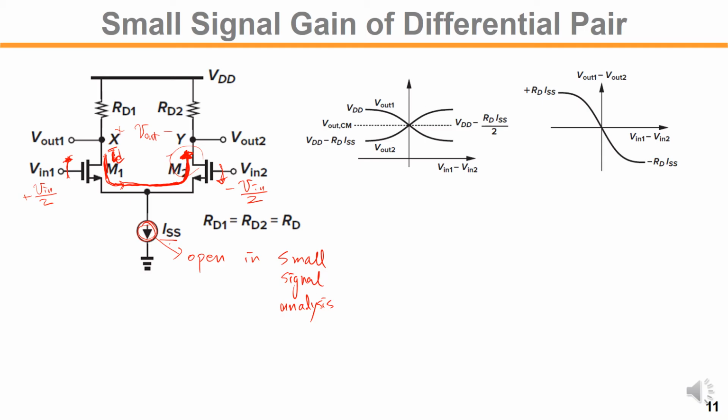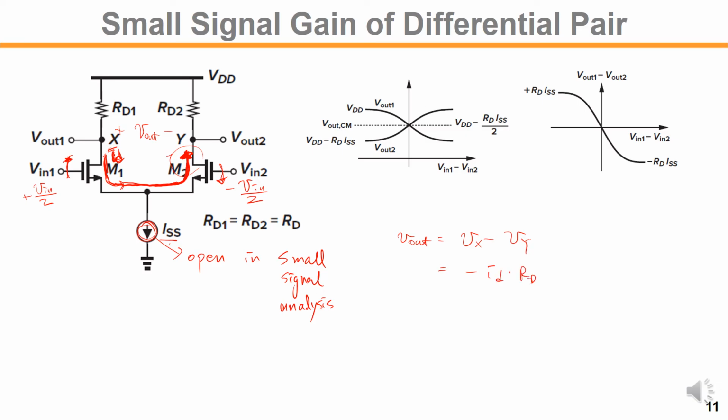So now once we identify the ID, then we can find out the Vout. Vout would be what? Vx minus Vy. Vx will be what? Minus ID times RD1.